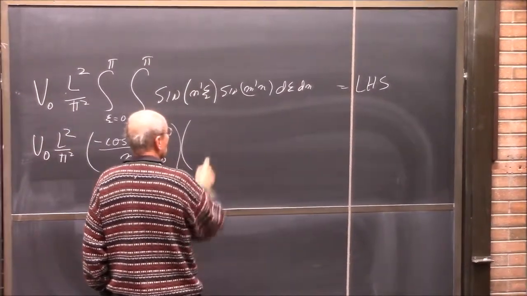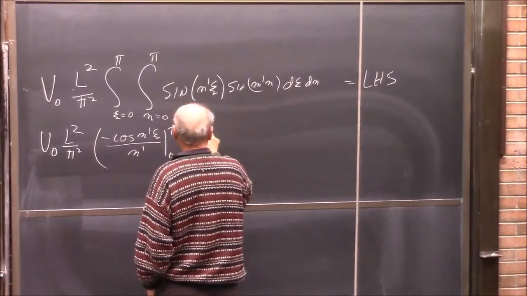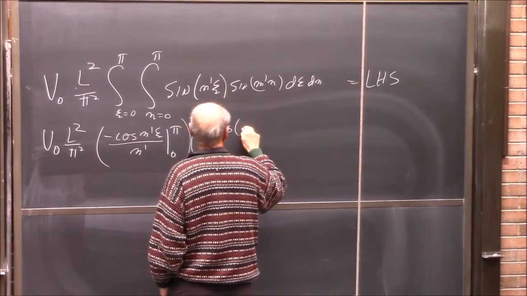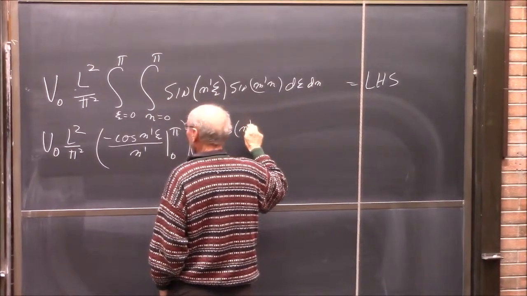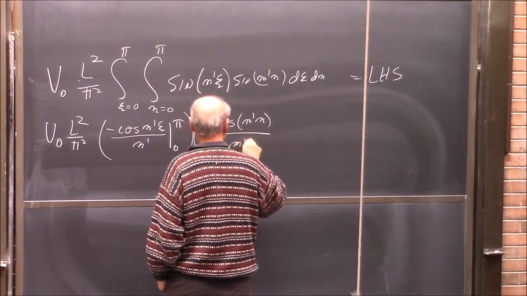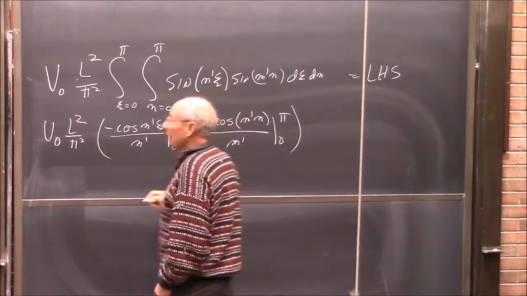Now do the integral on this one. And that will be, again, minus cosine m prime over m prime, evaluated between 0 and pi.